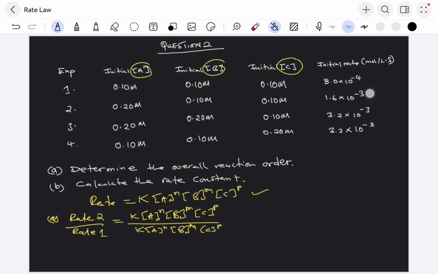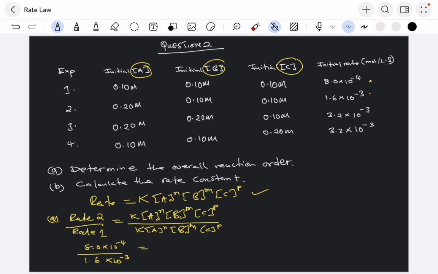So we are looking at this and this. Rate 2 divided by rate 1 gives us 8.0 times 10 to the power negative 4. Be consistent with the units. Then 1.6 times 10 to the power negative 3.